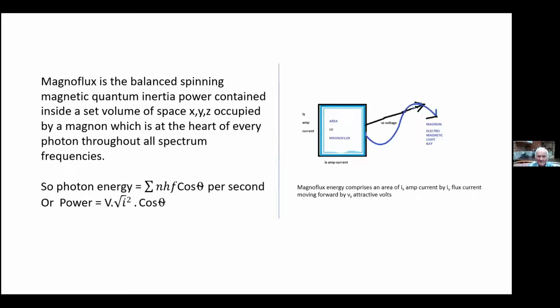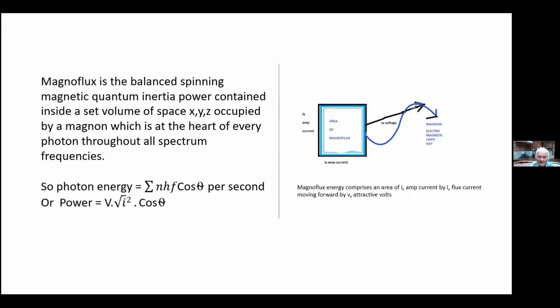So Magnoflux is the balanced spinning magnetic quantum inertial power contained inside a set volume of space XYZ, which is occupied by a magnon, which is at the heart of every photon throughout all the spectrum frequencies.